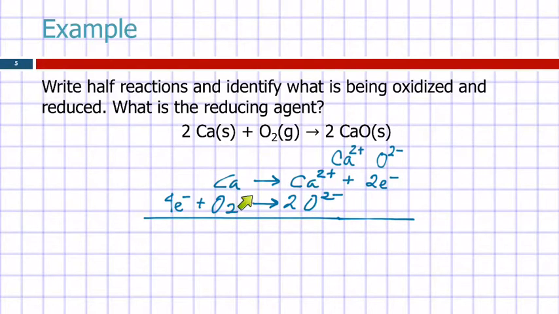But in order to react this oxygen molecule, I need 4 electrons. And then look at this. This has a coefficient on it, right? 2 calciums, and I end up with 2 calcium oxides. So I need to multiply this top equation by 2. I need to have 2 calciums, 2 calcium atoms making 2 calcium ions, and 4 electrons.